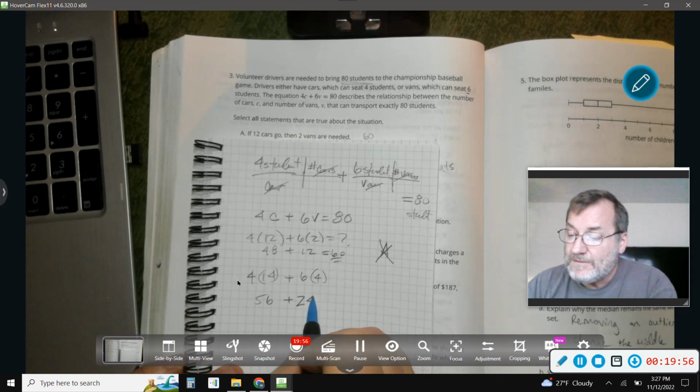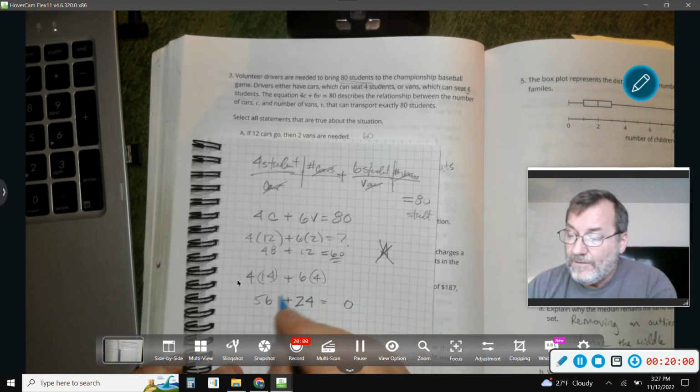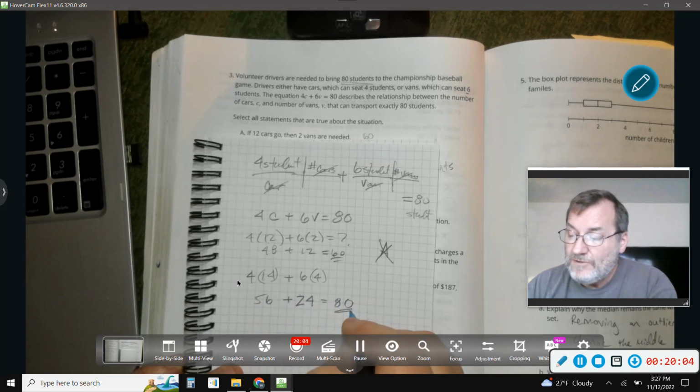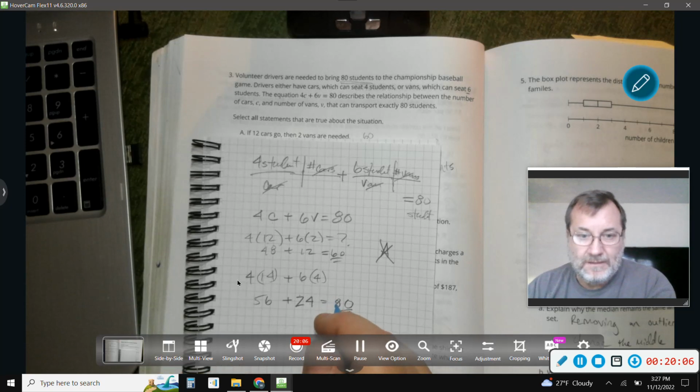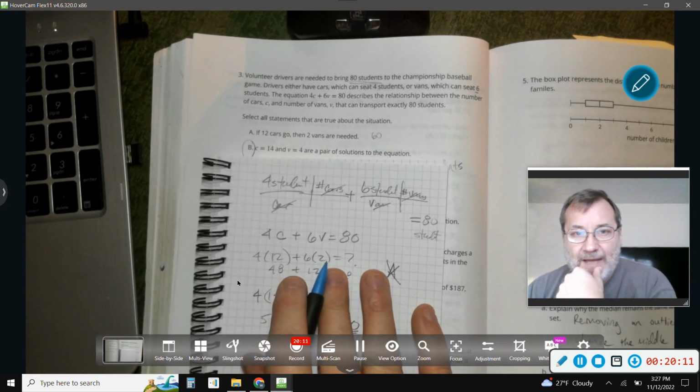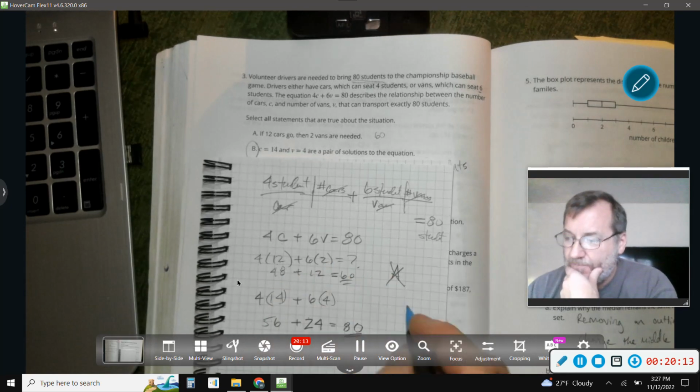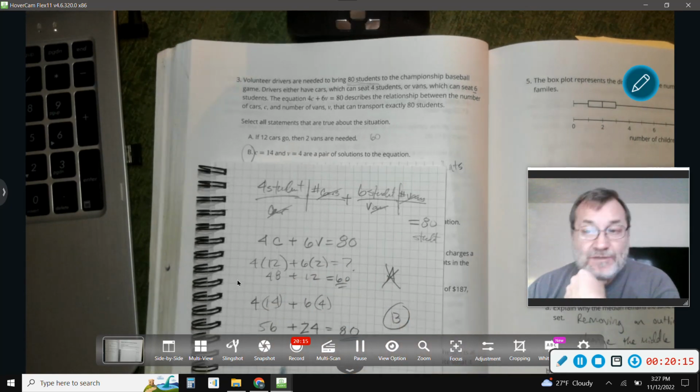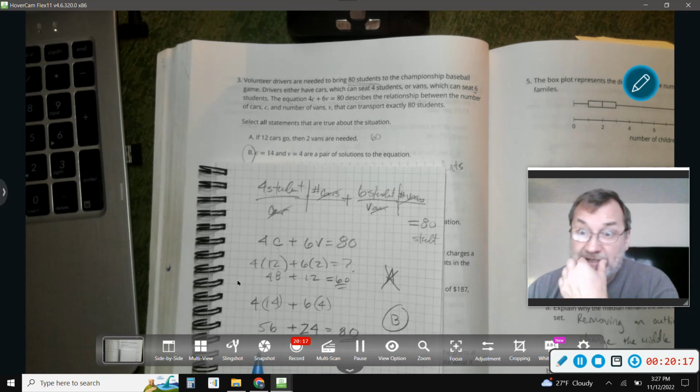And 4 times 6 is 24. 4 and 6 is a 0. Carry the 1. 5, 6, 7, 8. Well, that gives you exactly the amount that you need. So on B, yes, that one will actually work. So B is okay. Gives you exactly. There's no empty seats going to be on these things.